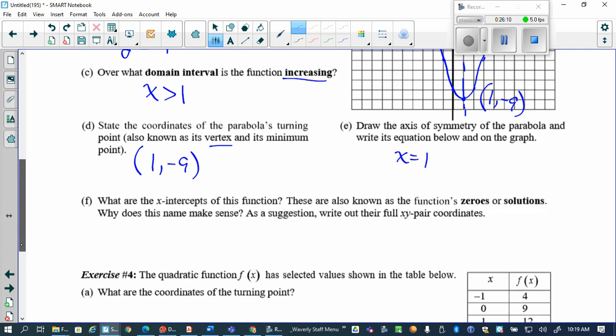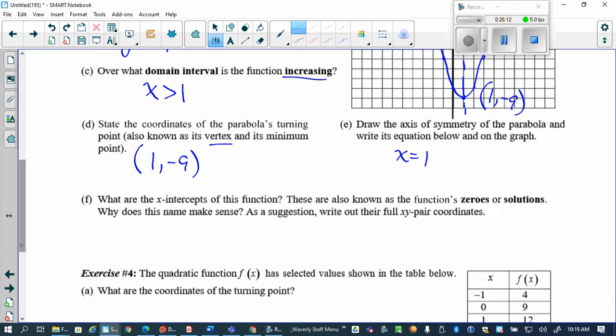All right, now they want to know the x-intercepts of this graph. When you see the term x-intercepts of a graph, you can also say to yourself, they mean something called the zeros or the solutions to the equation.